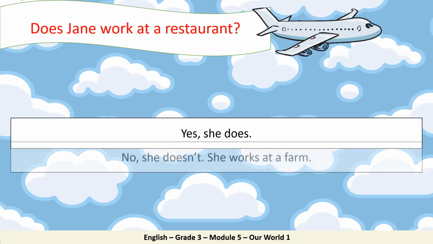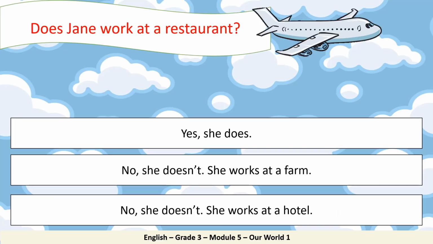Does Jane work at a restaurant? Yes, she does. No, she doesn't. She works at a farm. No, she doesn't. She works at a hotel. Excellent. No, she doesn't. She works at a hotel.